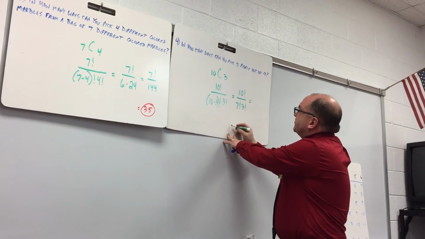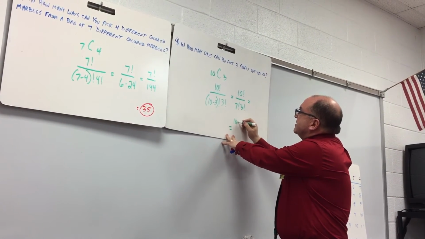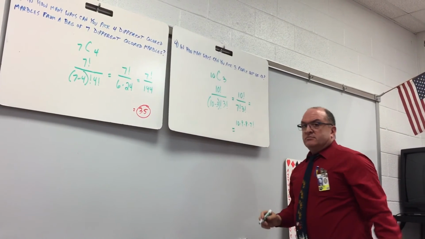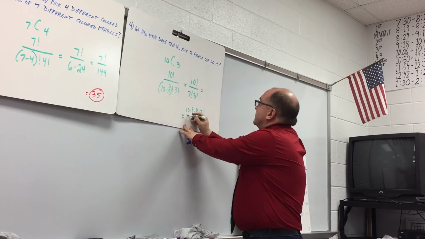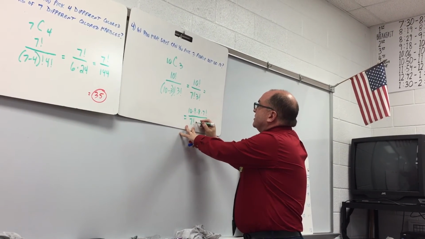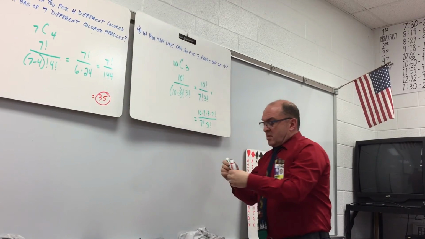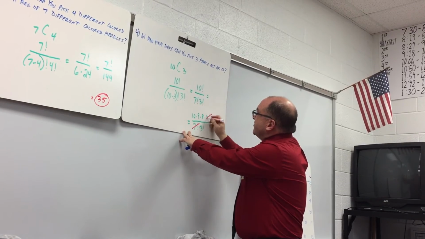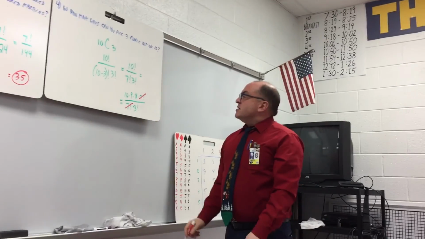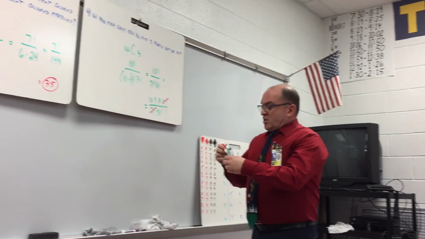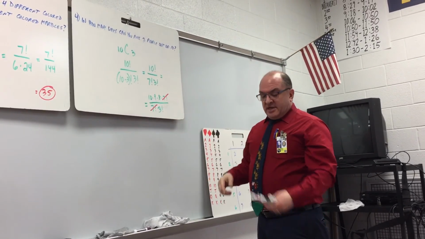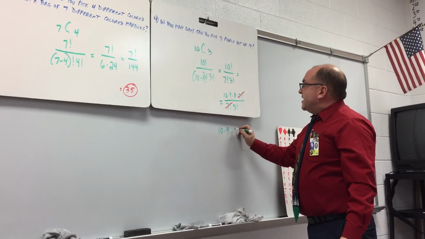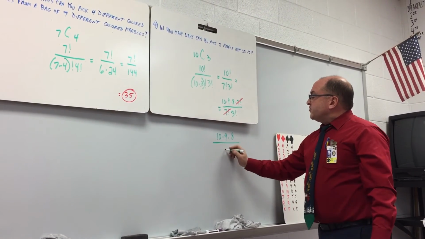10 factorial is the same as 10 times 9 times 8 times 7 factorial, right? Divided by 7 factorial, 3 factorial. Hopefully you would agree that the 7 factorials will cancel. Now, 3 factorial is 6. So I've got 10 times 9 times 8 over 6.